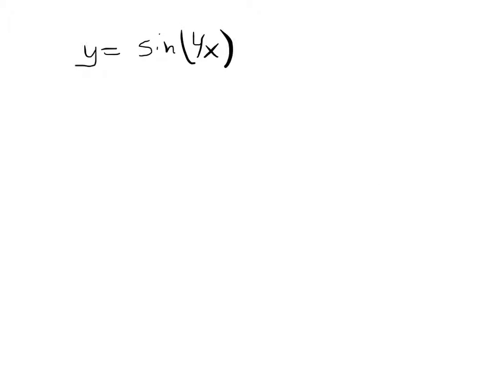So let's take a look here at y equals sine 4x. We remember that if we replace x with 4x, we're going to have a horizontal shrink by a factor of 1/4. If I think about that, my original sine graph has a period of 2 pi.